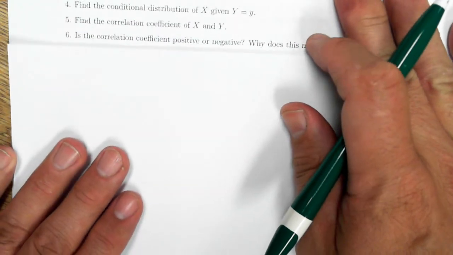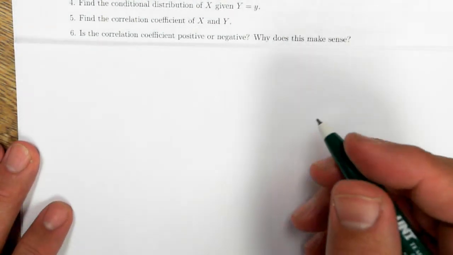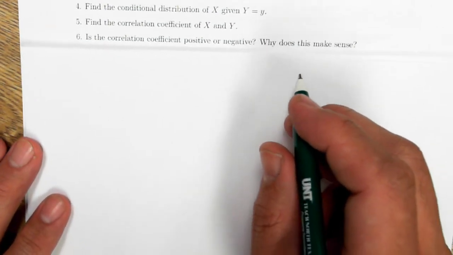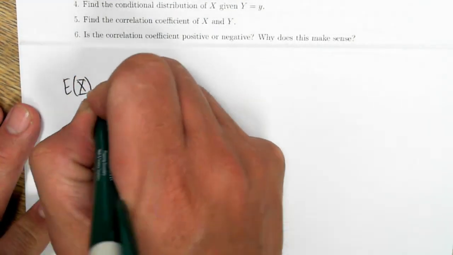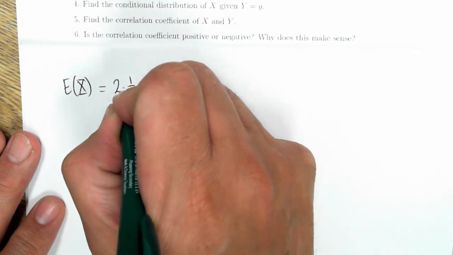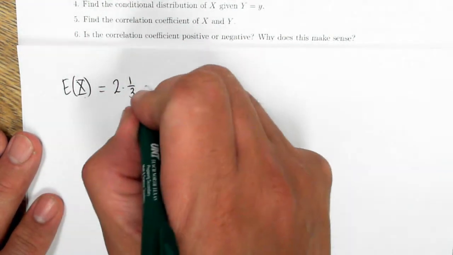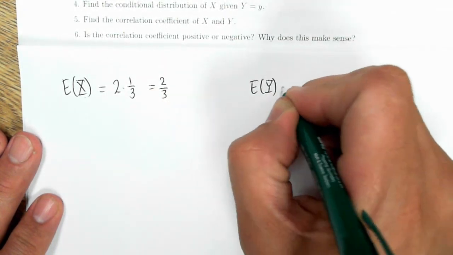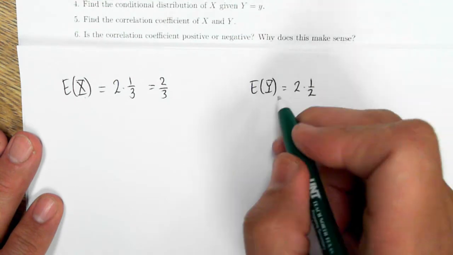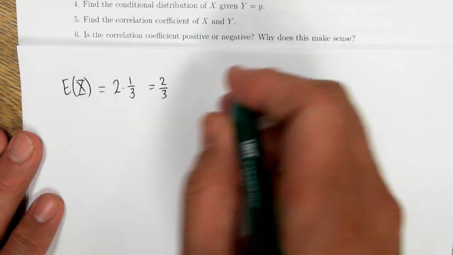Okay, continuing. Number 5, find the correlation coefficient of x and y. To find the correlation coefficient of x and y, I need a few things first. The expected value of x is 2 times a third, because x is binomial with parameters 2 and 1/3. So that's 2/3. And the expected value of y is going to be 2 times a half, because y is binomial with parameters 2 and a half.